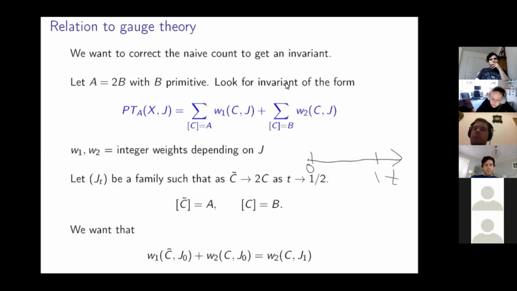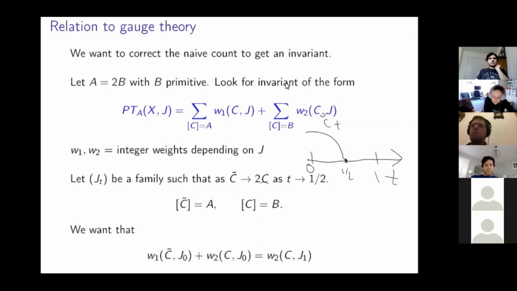What can happen is that you can have a family of curves C twiddle T, which, if this line is a picture of the moduli space, disappears from the moduli space, say at time 1/2, because it collapsed to a multiple cover. So as currents, it converges to 2 times C, where C is a curve in a homology class B. That means this sequence disappears from the moduli space of curves in the homology class A.